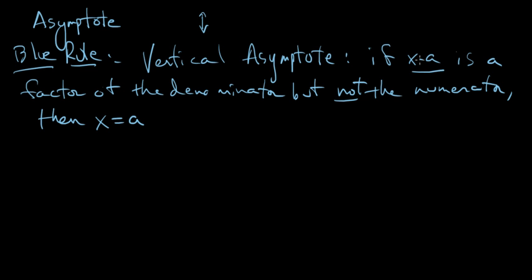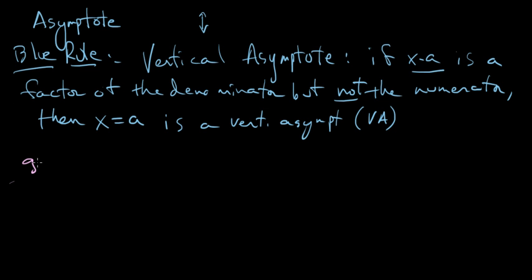Notice this is the form x minus a. So x equals a is a vertical asymptote. Sometimes I go VA for vertical asymptote, HA for horizontal asymptote. Anyway, let's look at an example.